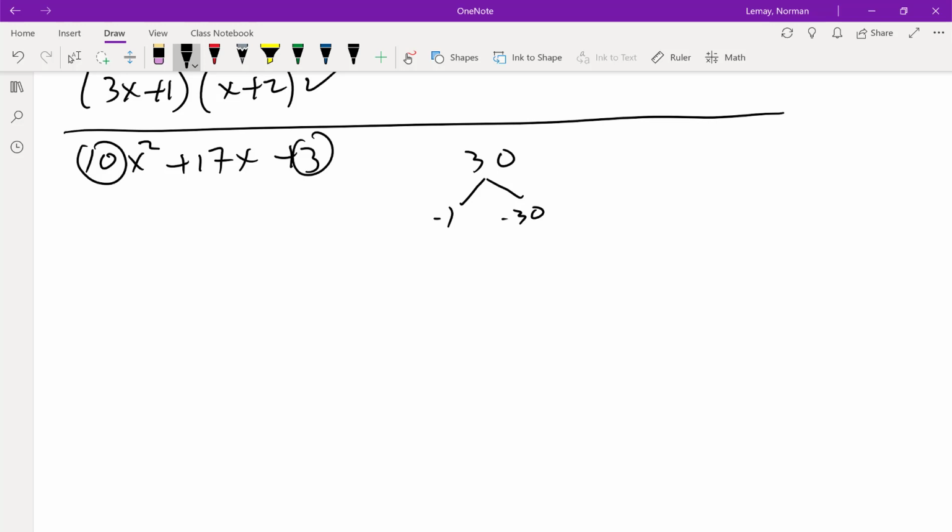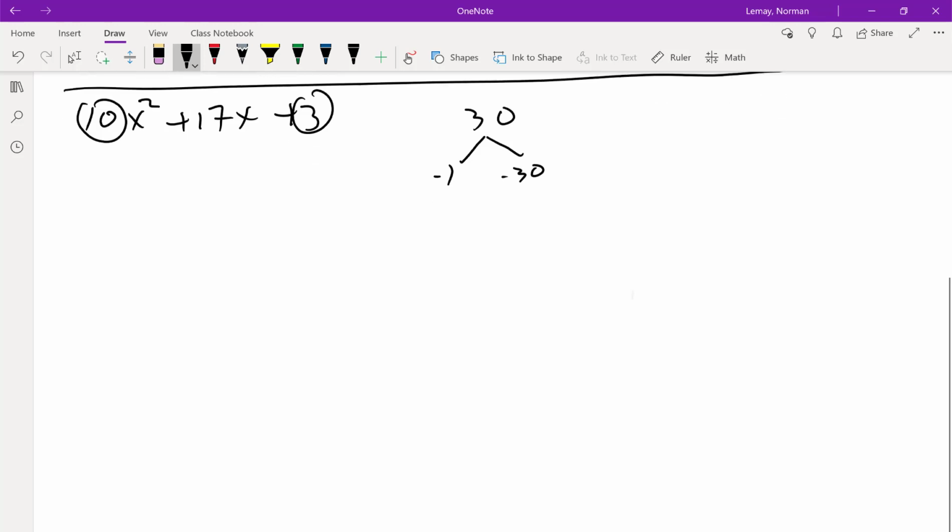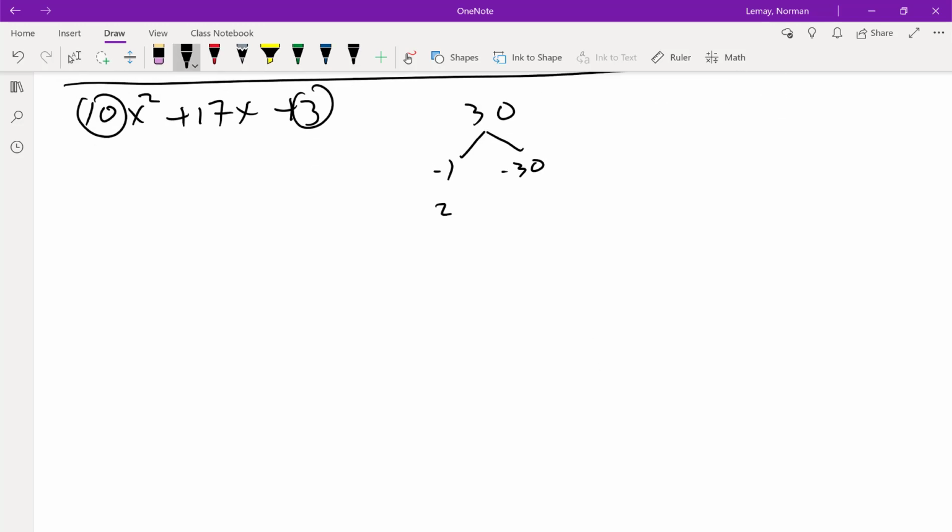I get my positive 30 when I take the product, but when I add, I get negative 31. So my next step is to go to 2 times 15. Notice the progression here. 2 times 15 multiplies out to 30, and if I add these, I get 2 plus 15, and that does add to 17.